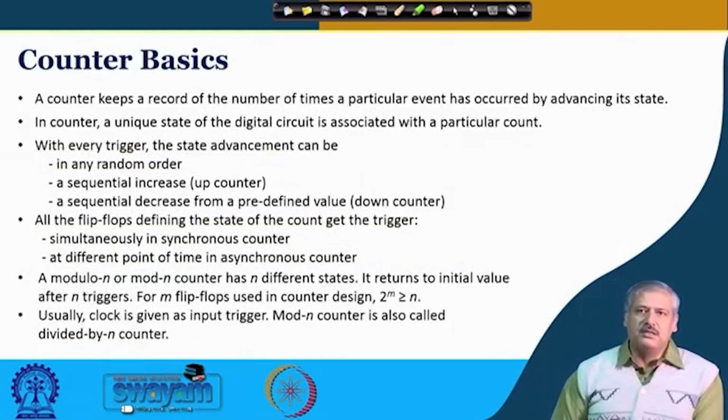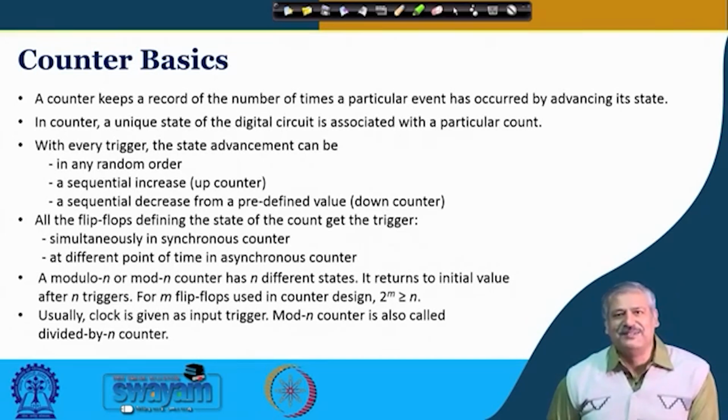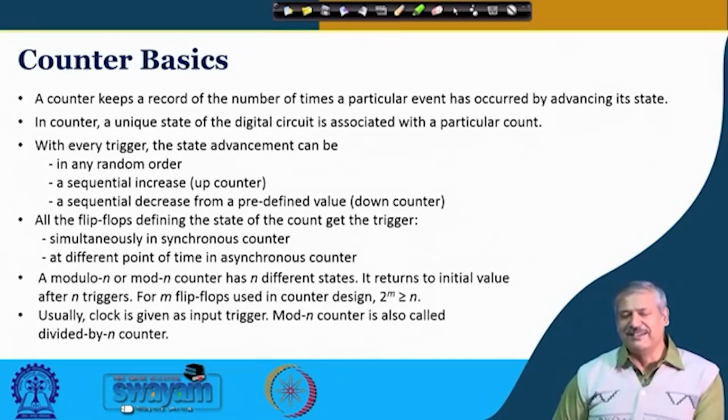So, what is a counter? A counter keeps record of the number of times a particular event has occurred. So, it keeps a count. The name itself gives us an idea. The counter circuit, with the memory element in it, advances its state one by one.